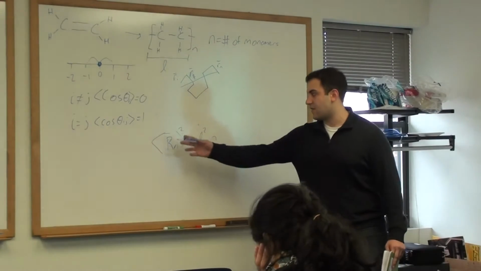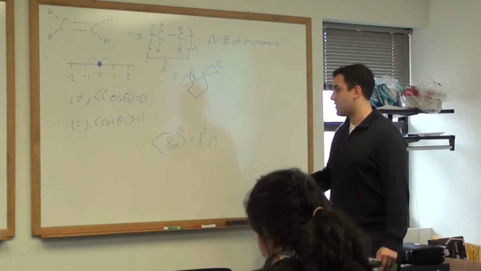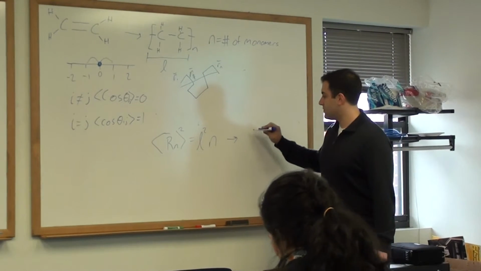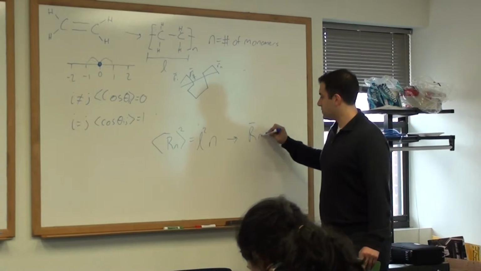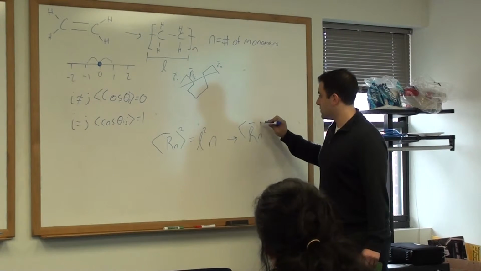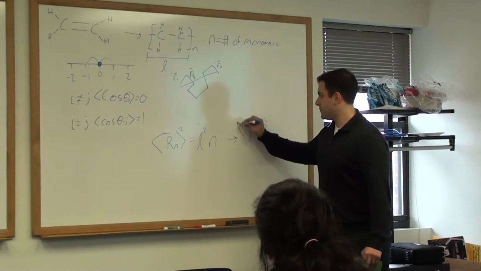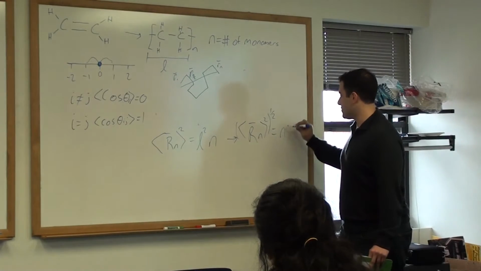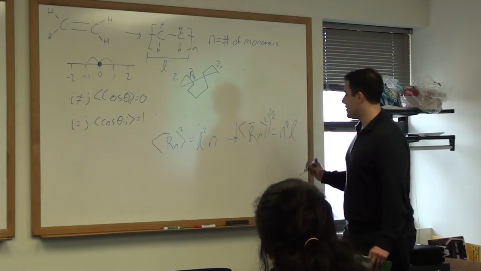And if we actually want to get the end-to-end distance, or r, we just have to take the square root of both sides. And that's just equal to n to the 1/2 times L.